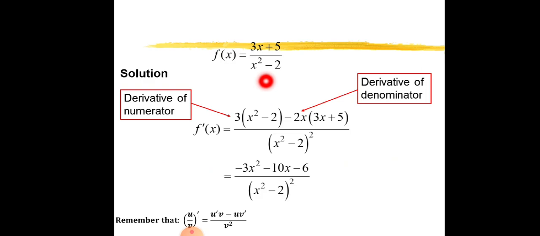For example, if you have this quotient 3x plus 5 over x squared minus 2, to find its derivative, the denominator squared goes down, and above you have the derivative of the first, the derivative of 3x plus 5, which is 3, times the second, minus, according to the rule, the derivative of the second, the derivative of the denominator, which is 2x, times the first, over the denominator squared. Now you can expand the brackets to simplify to get this final answer.